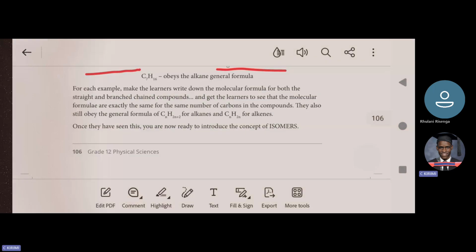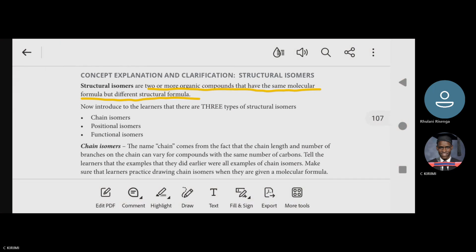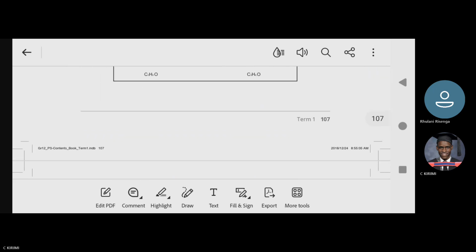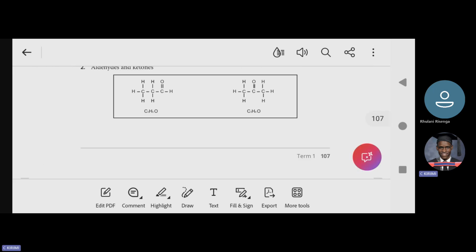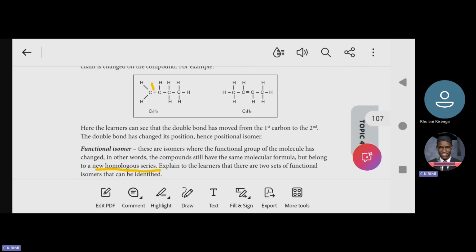Last time when we discussed this, we ended where we were talking of positional isomers and also functional isomers, where we indicated that these are isomers where the functional group of the molecule has changed. In other words, the compounds still have the same molecular formula but belong to a new homologous series.